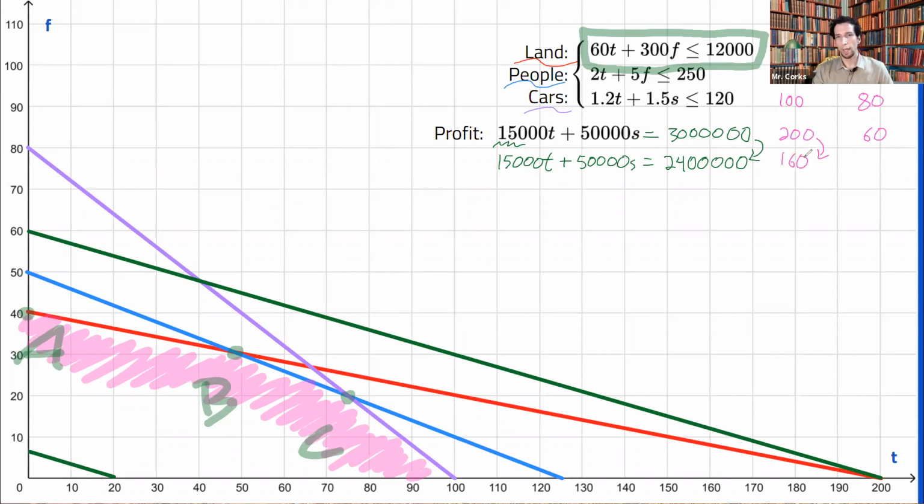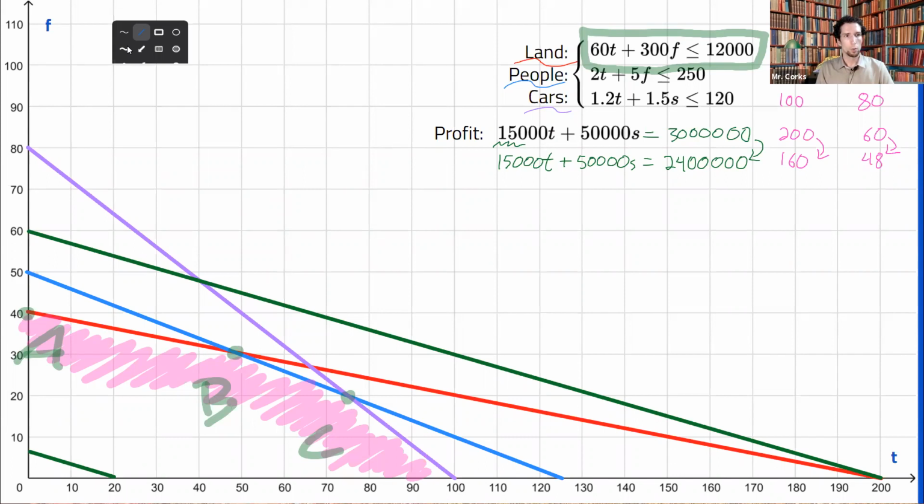Okay. And what about 60? What's our new intercept there? 80% of 60 is 48. Okay, good. So I'm just doing this by scaling. If you did want to recalculate the 2.4 million, 15,000, that will also work.